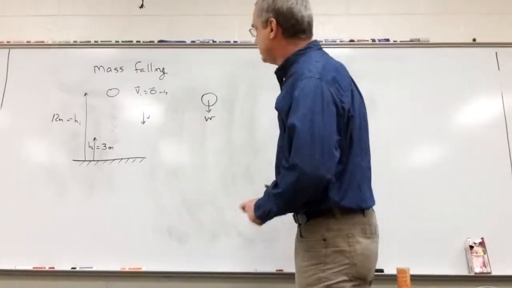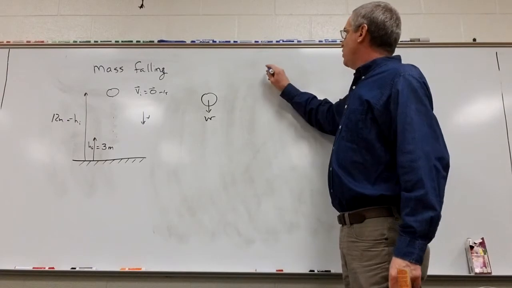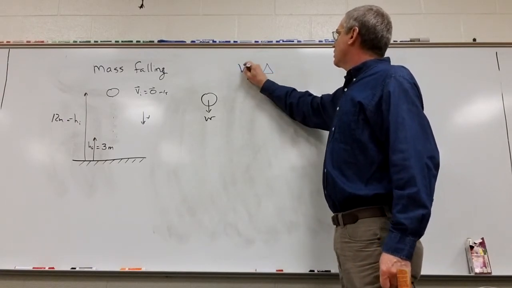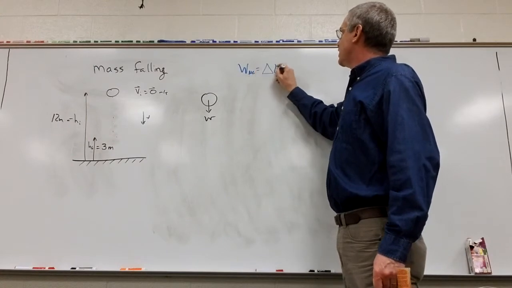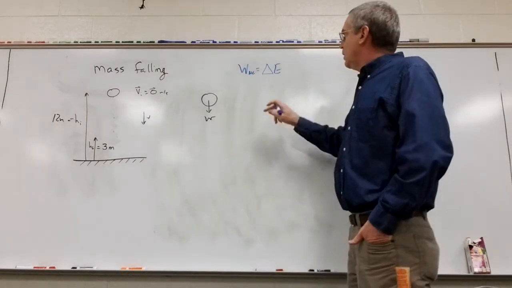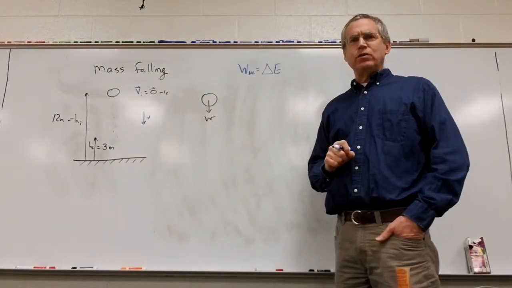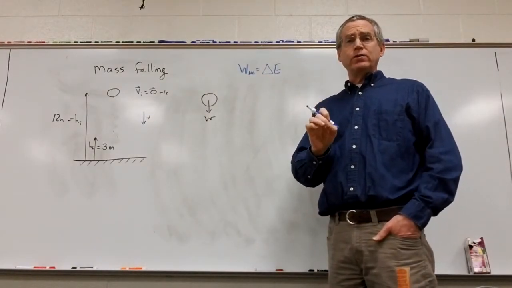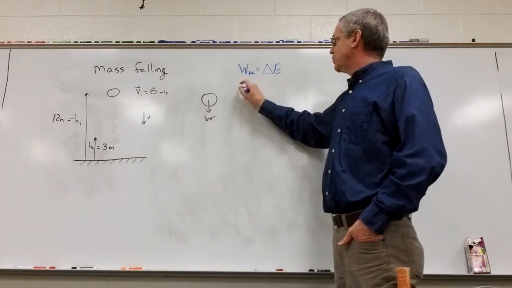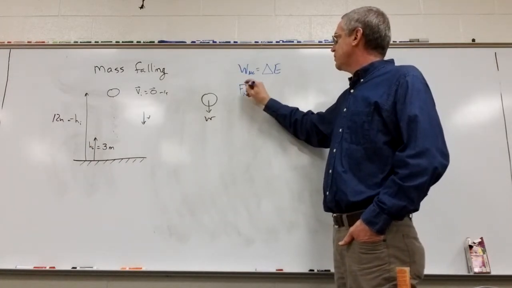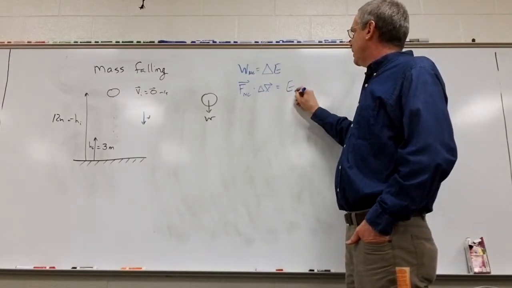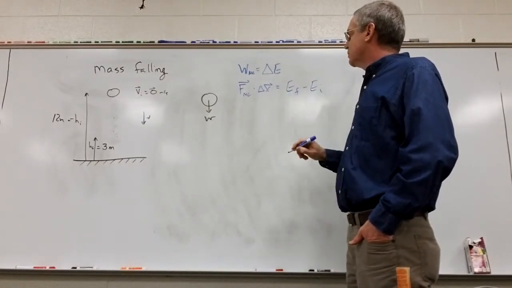And so now, I know that the work non-conservative is equal to the change in energy. This is one of the work energy relationships. There are no non-conservative forces, and therefore there is no non-conservative work. So this would be equal to force non-conservative times the displacement is equal to E final minus E initial.